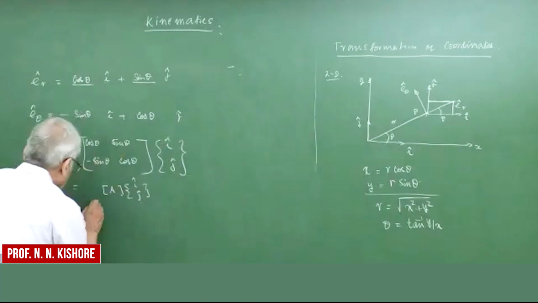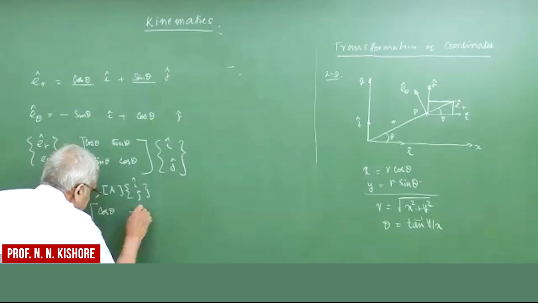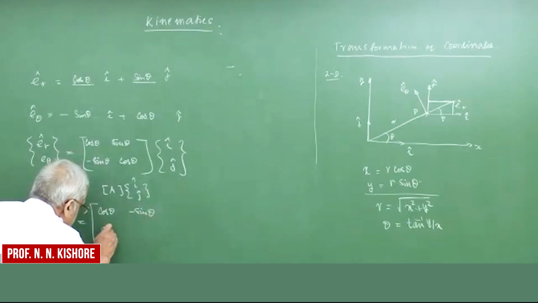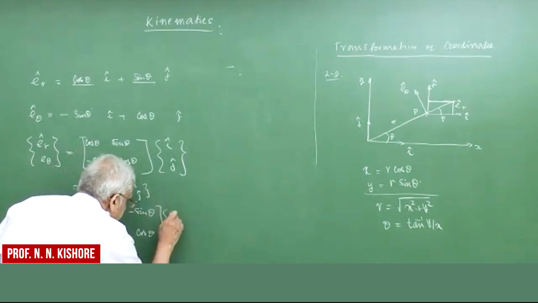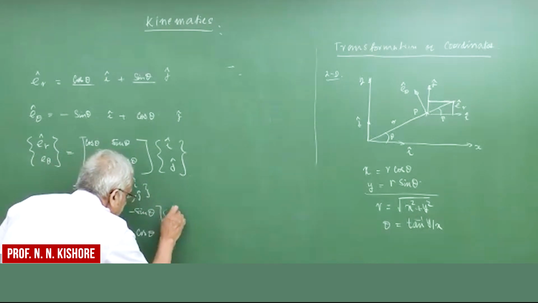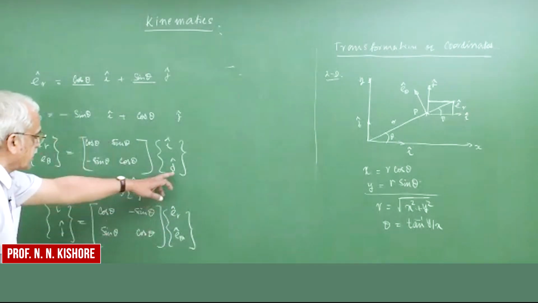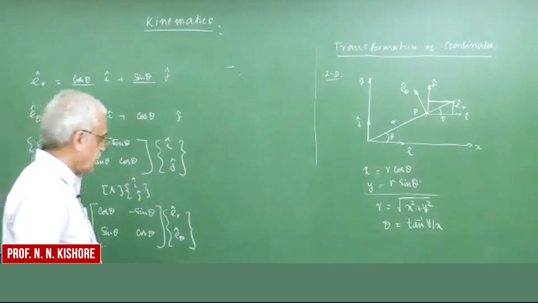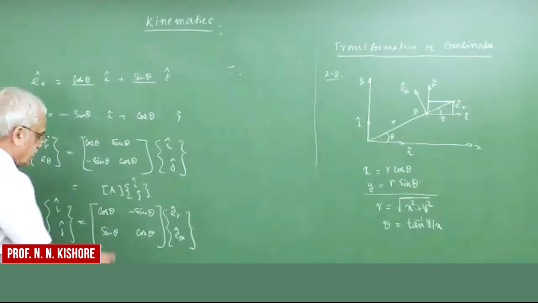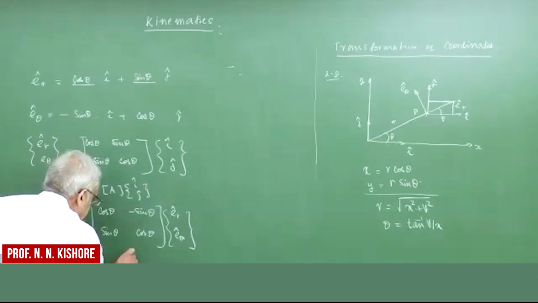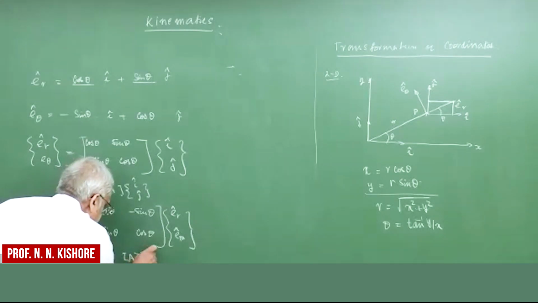So in which case it will become cos theta, minus sin theta here, and sin theta... So this is the transformation matrix in the opposite, in the reverse sense. And you can see one interesting thing here is that this is nothing but the above A transpose.